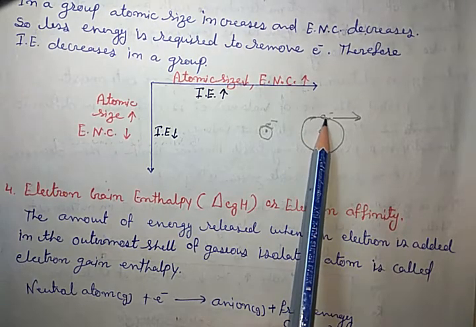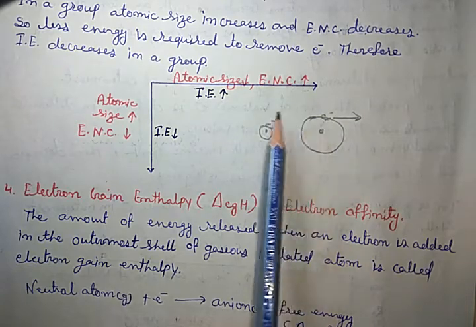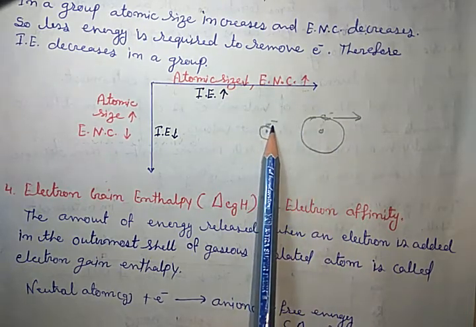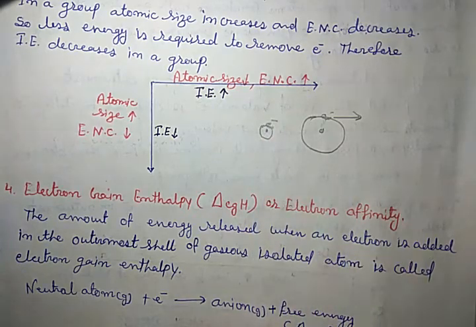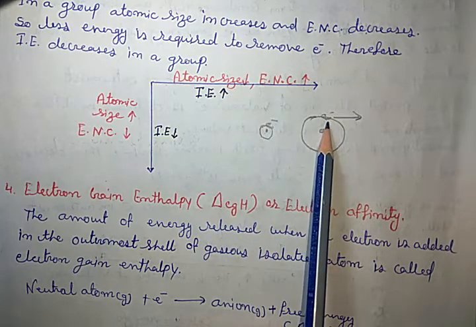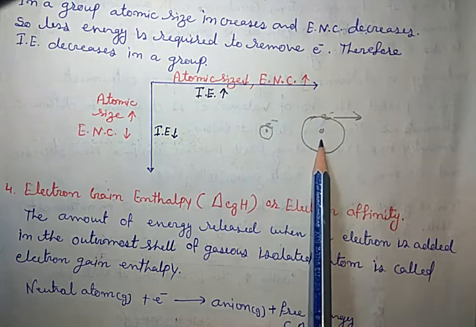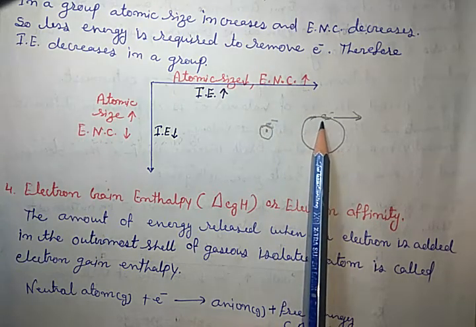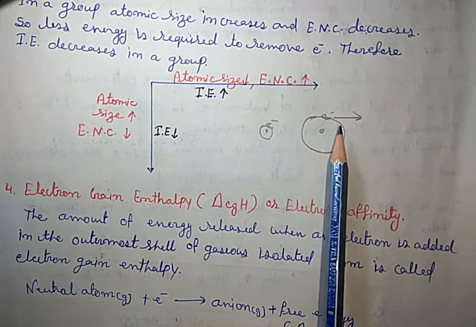That means these electrons will feel less attraction force than these, because these are much closer to the nucleus. So we can say that an increase in atomic size decreases the effective nuclear charge, and if we reverse it, a decrease in atomic size increases the effective nuclear charge.